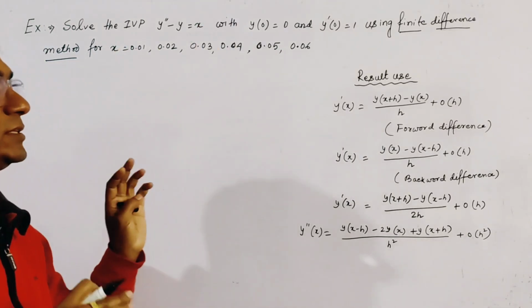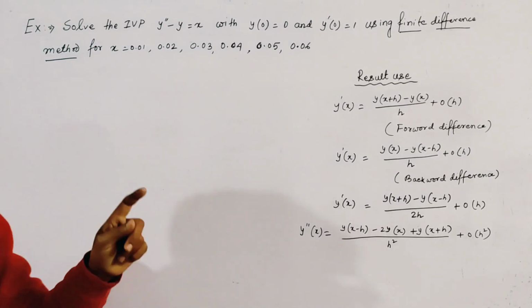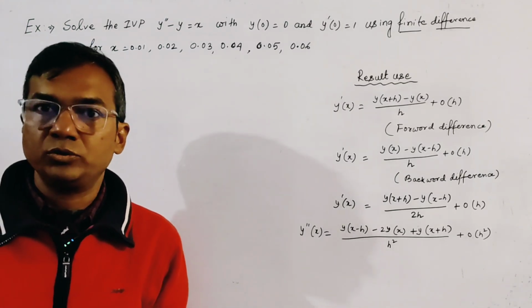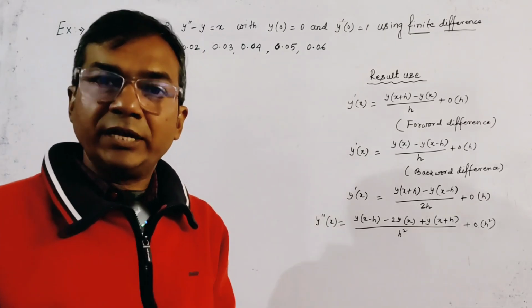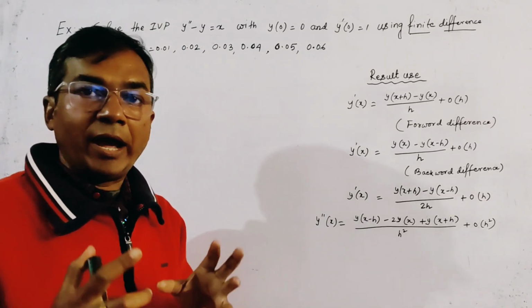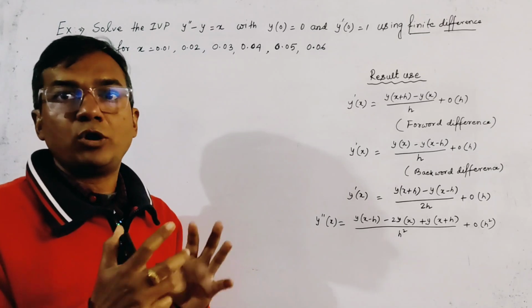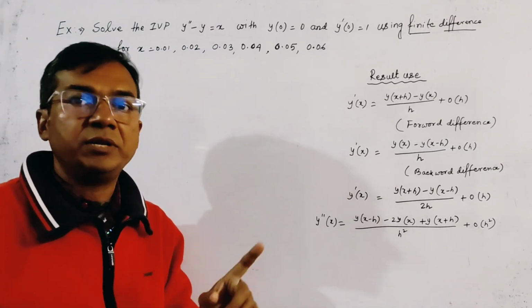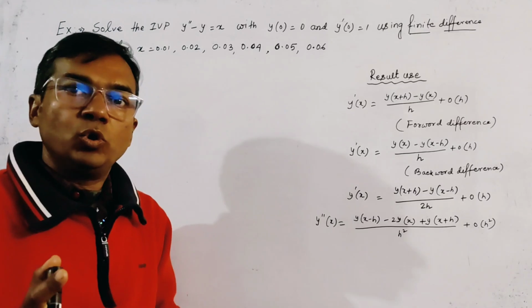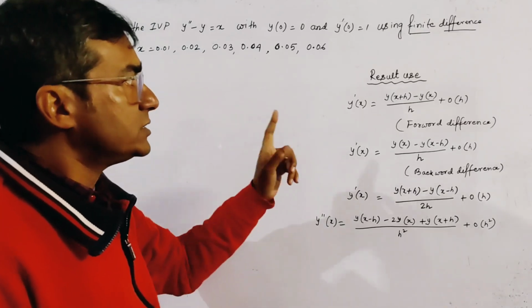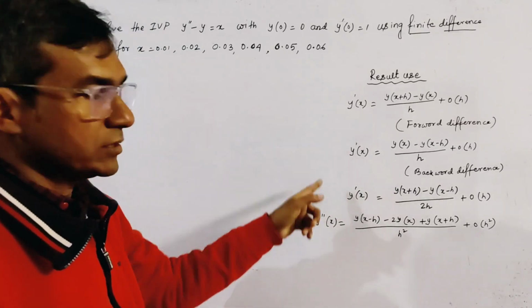Okay, and this is the second lecture on finite difference method. We already discussed the detailed algorithm and its deduction in the first lecture. So we write the result of the first lecture here.